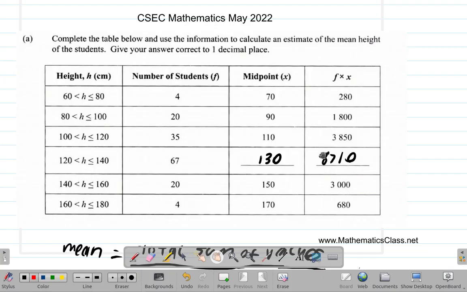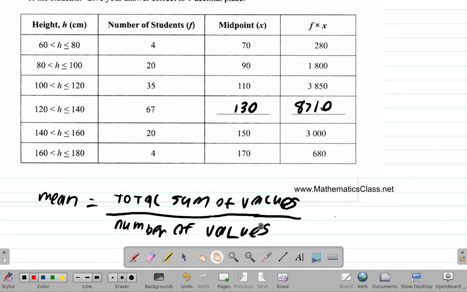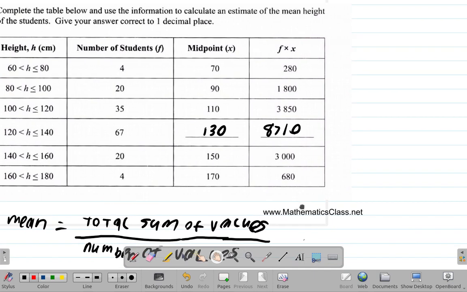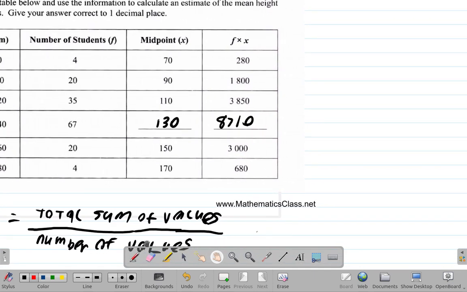You see that? If you add up the number of students, 4 plus 20 plus 35 plus 67 plus 20 plus 4, you get 150. That is what you're going to divide by. If you should line out all the values and add them up, you would have 150 values, because you would have 4 70s. So you would have 70 plus 70 plus 70 plus 70.